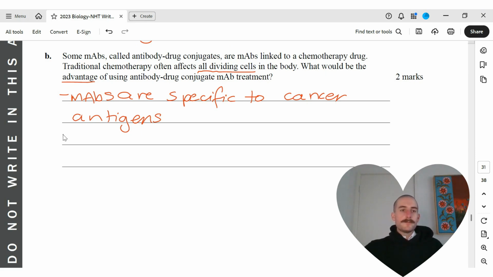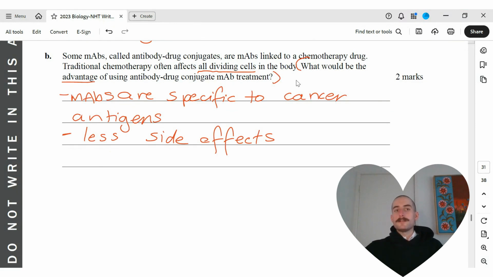But what's the advantage of that? We're making a bit of a comparison here without that compare command term. But the advantage would be that, well, you're not going to lose your hair, you're not going to have digestive issues, you're not going to destroy dividing cells. So maybe the advantage is less side effects. But it's really important that we actually are responding to the question, which is here.